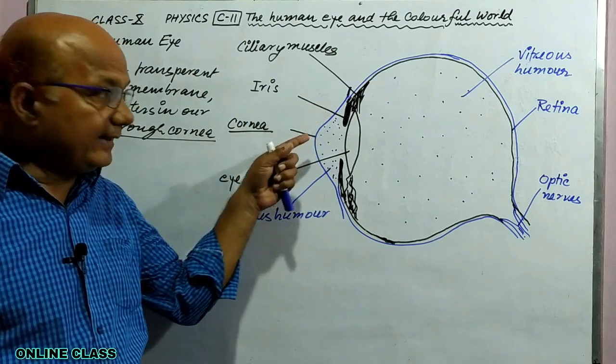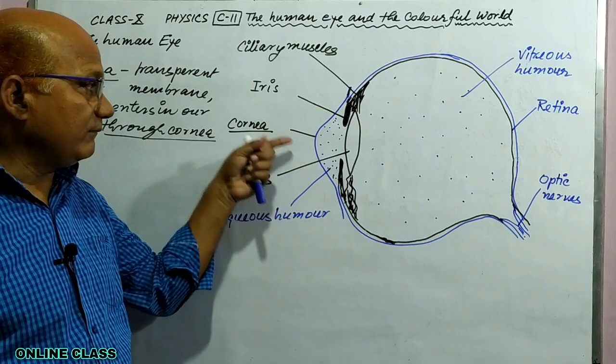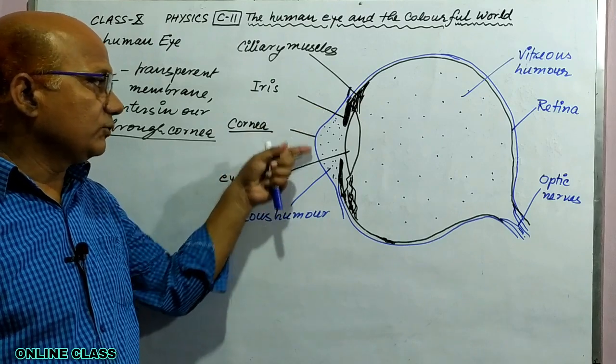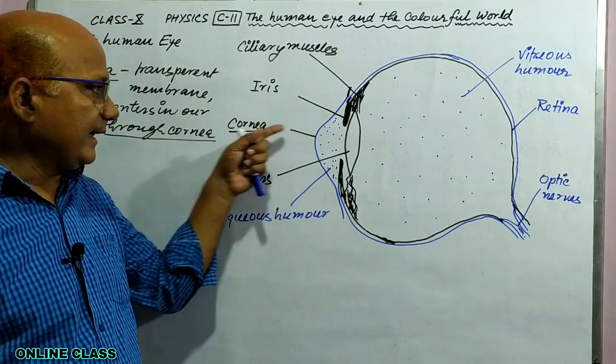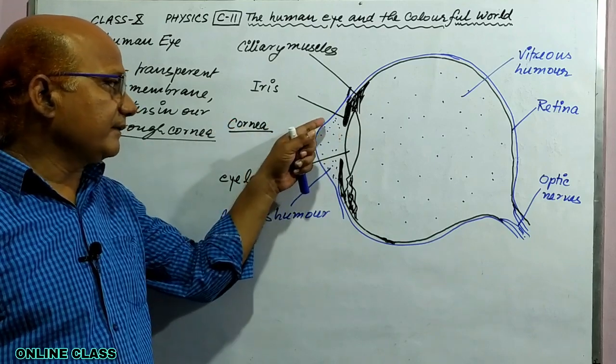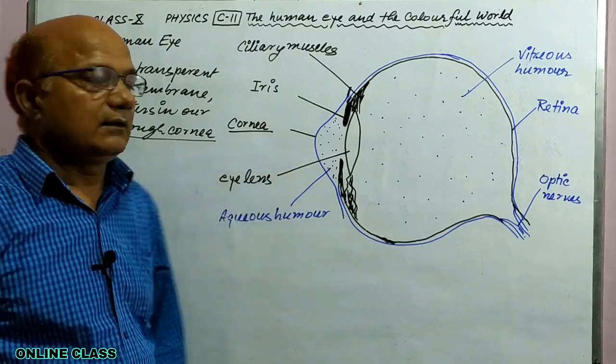When light enters in our eye, first of all, refraction of light starts through cornea. So, as the light enters in our eye, the refraction of light takes place through cornea.